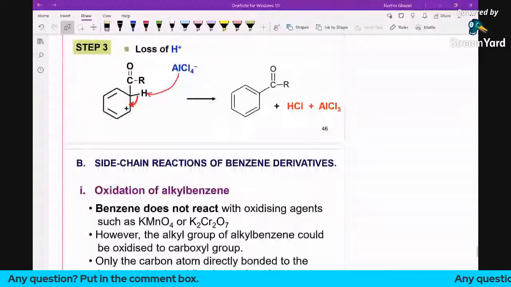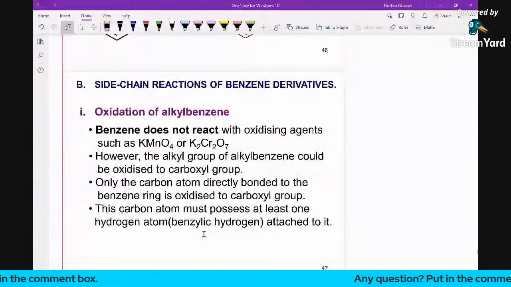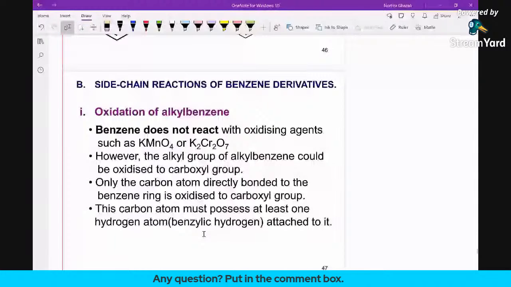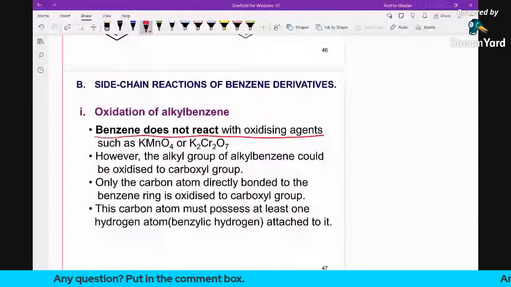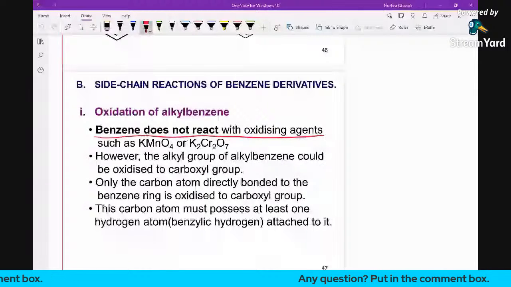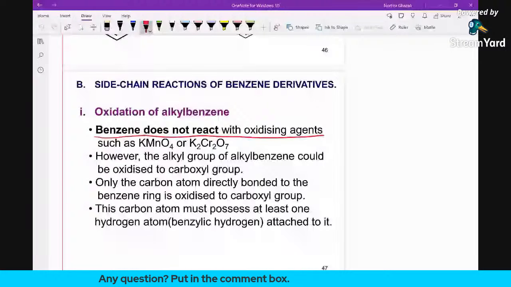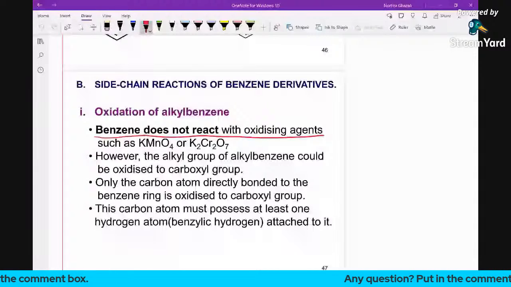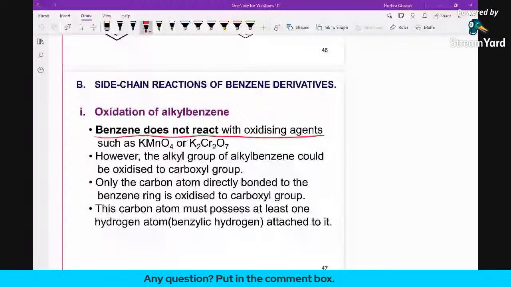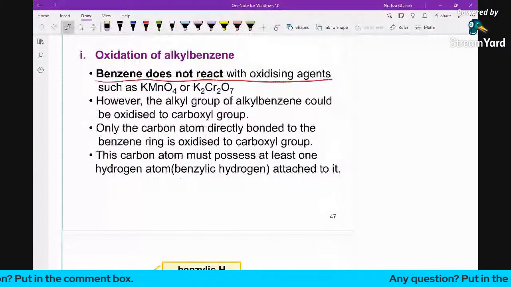Please remember that benzene does not react with oxidizing agent, which means that benzene cannot be oxidized. But some alkyl benzene could be oxidized. Not all. There are alkyl benzenes that can be oxidized. Okay, let's see, how do we oxidize alkyl benzene?